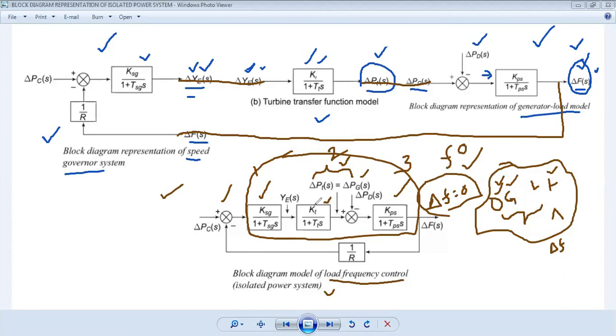Keep one thing in mind: delta F, the change in frequency, should always be 0. If you maintain that, then you can maintain the rated frequency, which is 50 Hz. Our aim is that we don't have a change in the frequency.